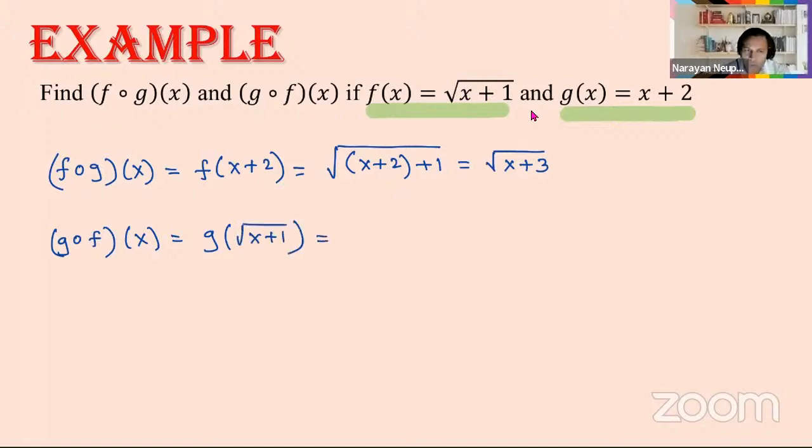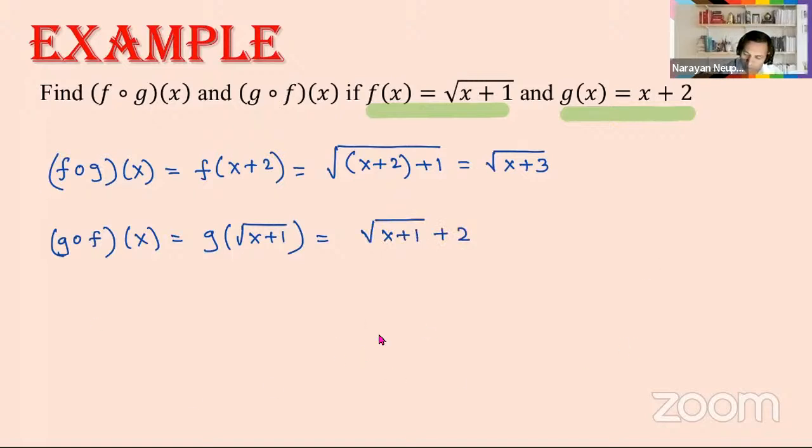So that will be g of the square root of x plus 1. You know that g of x is x plus 2. So it will be this quantity plus 2. So it will be the square root of x plus 1, plus 2. So that is the composition here.